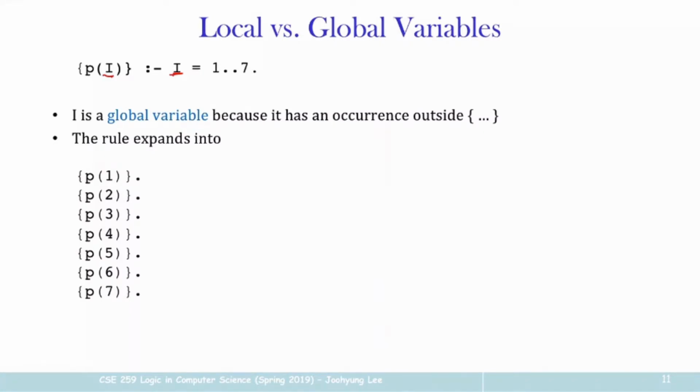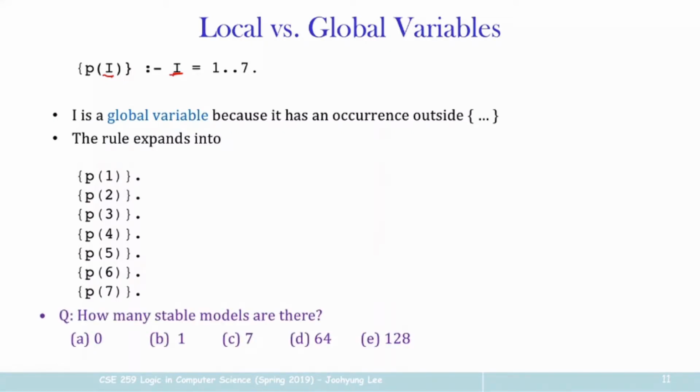All right, so let's do this again. How many stable models are there? Actually, I should not show you this thing. How many stable models are there?